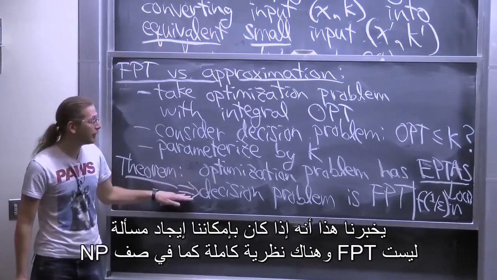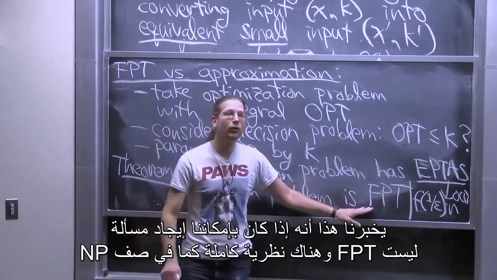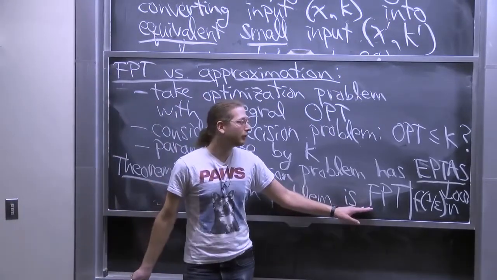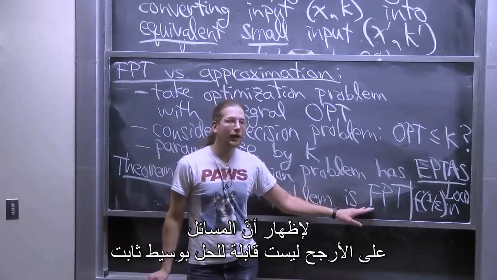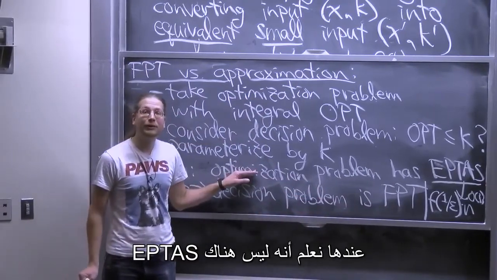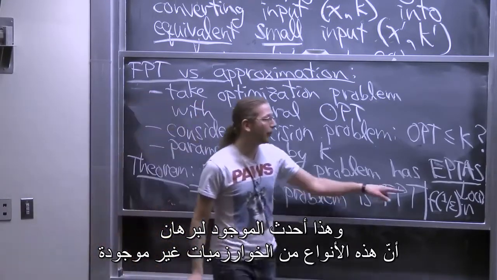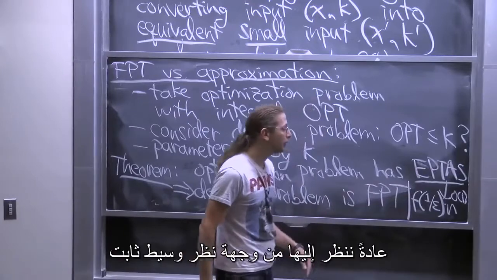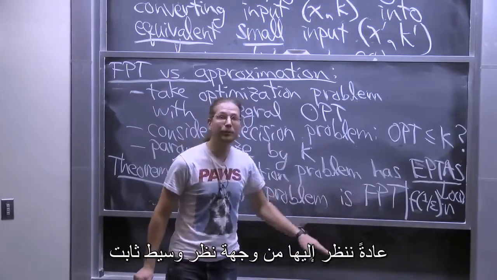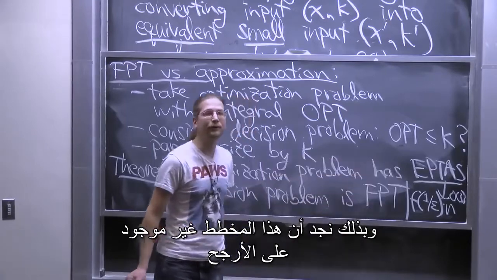What this tells us is that if we can find a problem that is not FPT, and there's a whole theory like NP completeness for showing that problems are almost certainly not fixed parameter tractable, then we know that there is not an EPTAS. And this is the state of the art for proving that these kinds of algorithms do not exist. Typically, you look at it from a fixed parameter perspective and show that probably doesn't exist. Then you get that this probably doesn't exist.